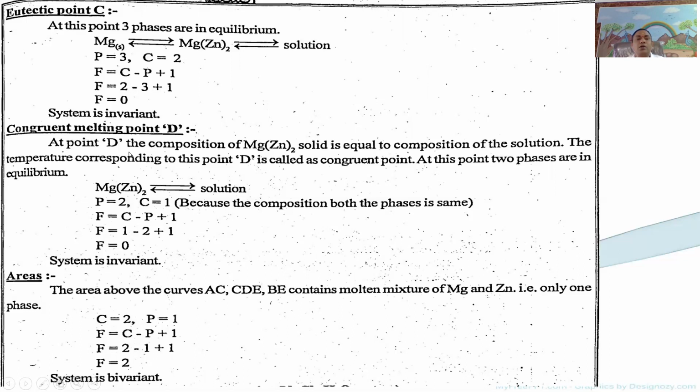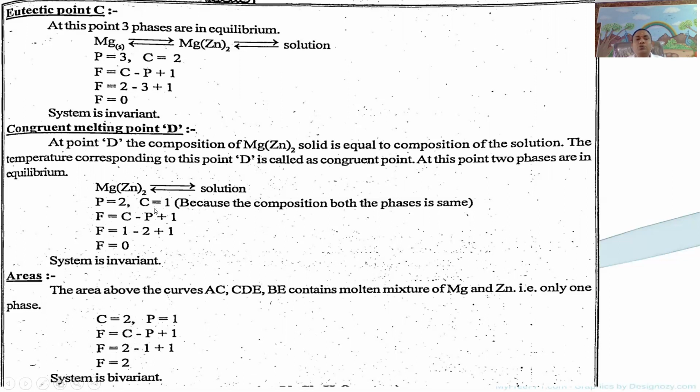Next, congruent melting point D. Here at point D, the composition of the solid magnesium zinc MgZn2 is equal to the composition of the solution. The temperature corresponding to this point D is called the congruent point. At this point, two phases are in equilibrium, that is magnesium zinc complex MgZn2 in equilibrium with the molten solution.